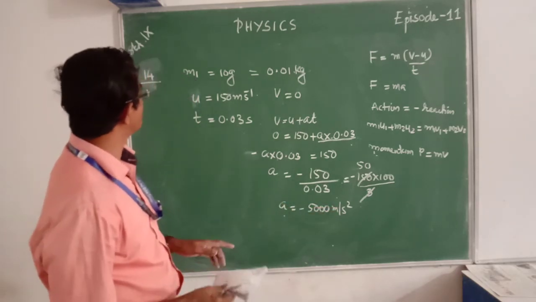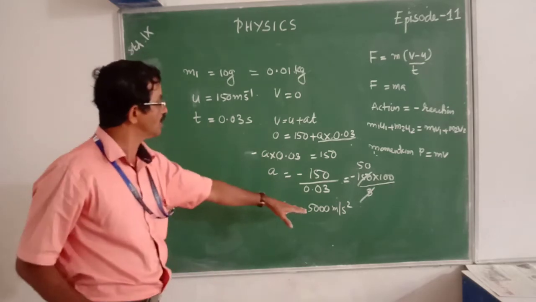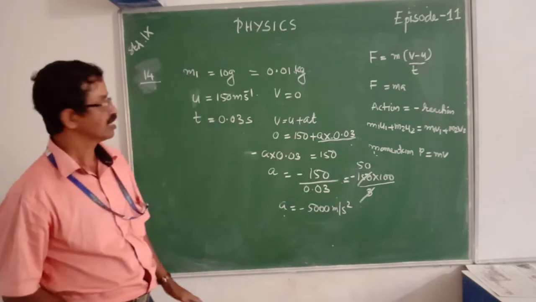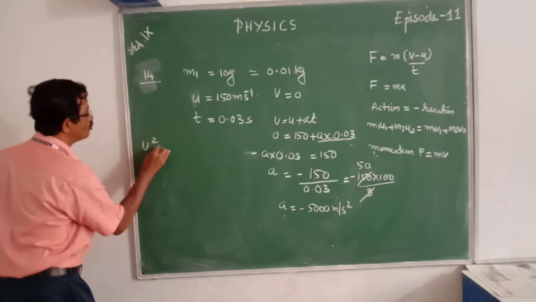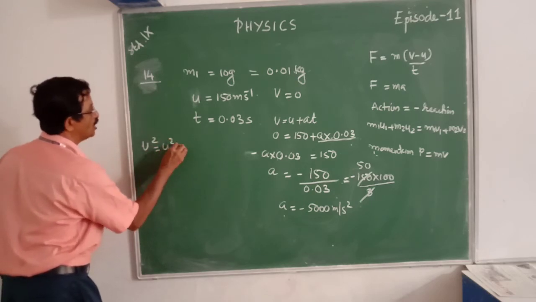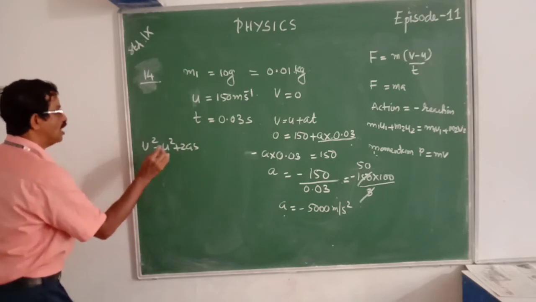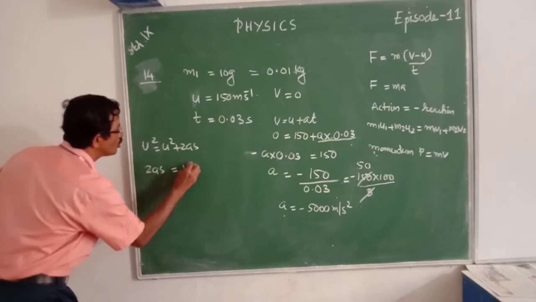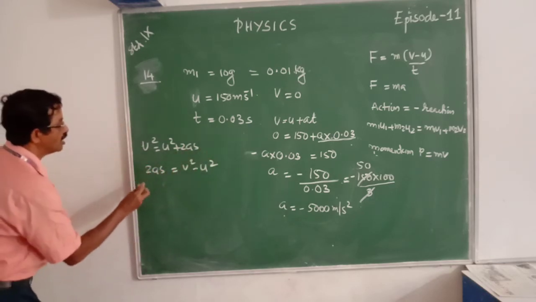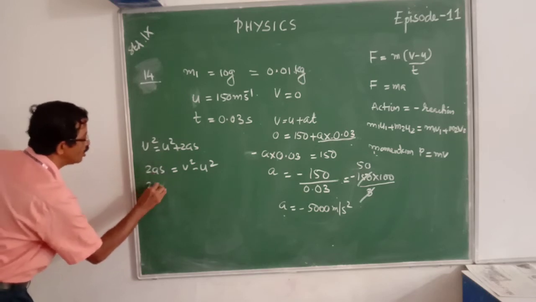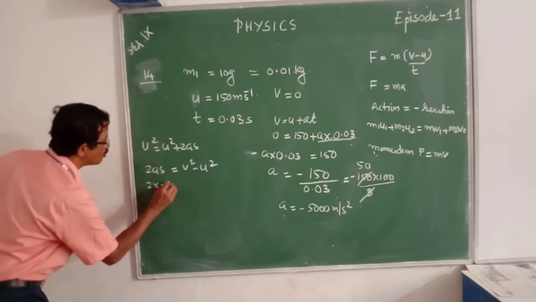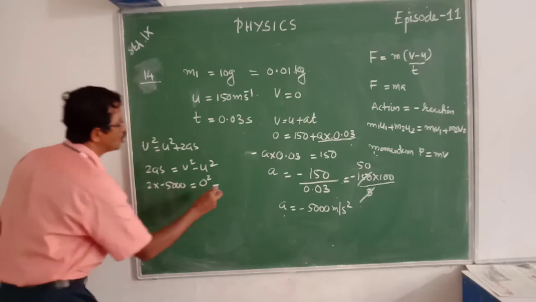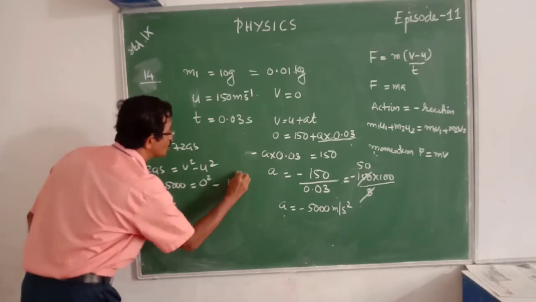Now we got the acceleration. So from this relation we can find the distance. That is v square is equal to u square plus 2as. Another form of the relation is 2as equal to v square minus u square. From this, 2 into a, which is minus 5000, is equal to v square, which is 0 square, minus u, which is 150 square.